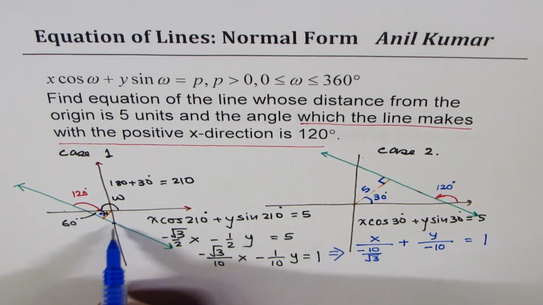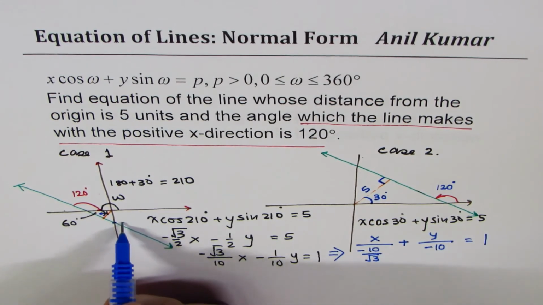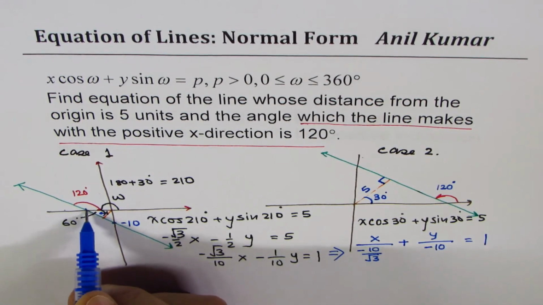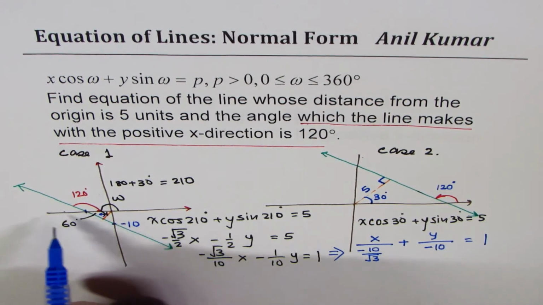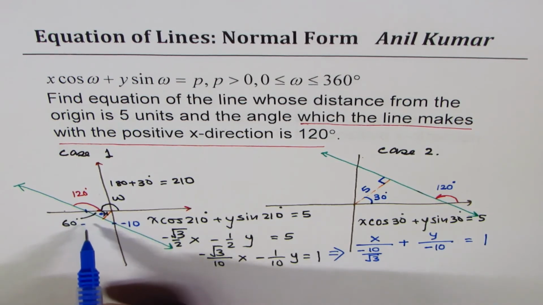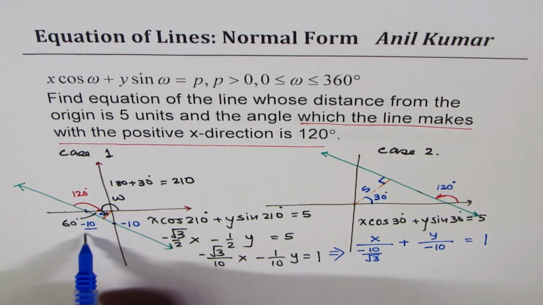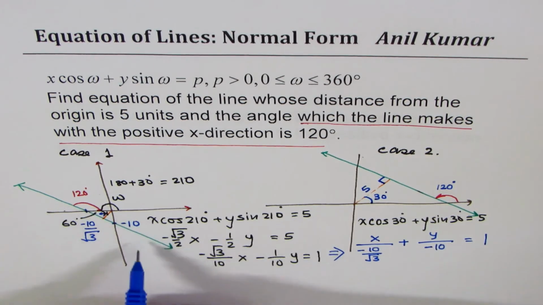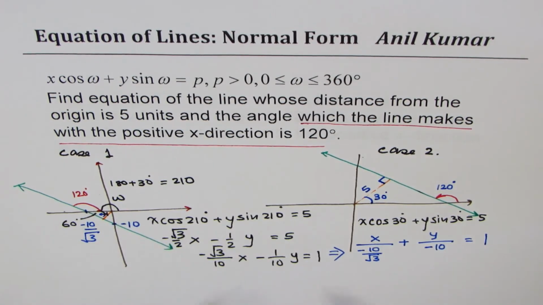So this point here is minus 10, and the other point there is minus 10 over square root 3. You get the idea. So it's very easy to work with the equation in normal form. You can translate it into standard form, intercept form, find intercepts, and also find slopes, right? You could write this in slope-intercept form and find slopes.